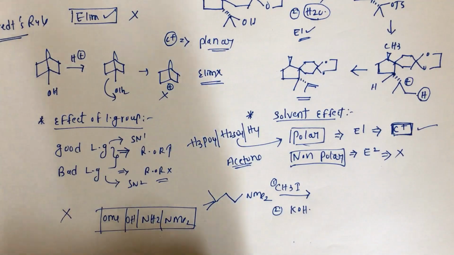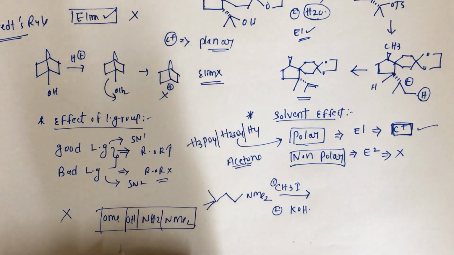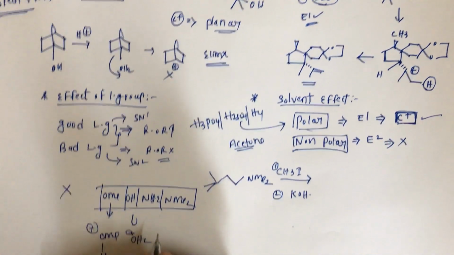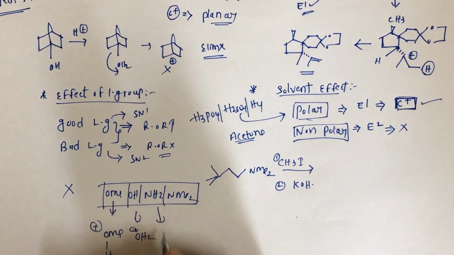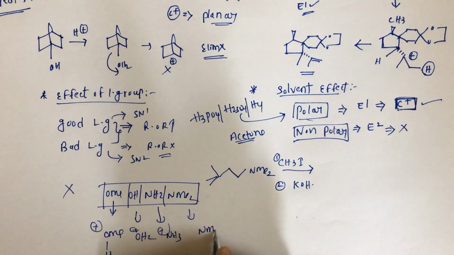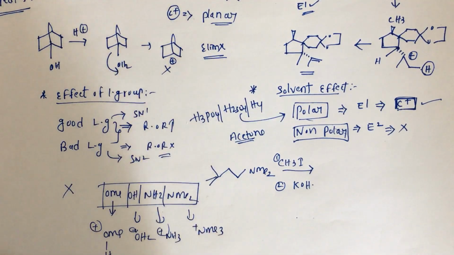But we can make them good leaving groups by making them OMeH+ or OH2+, NH3+ and NMe3+. In this form, these are good leaving groups.